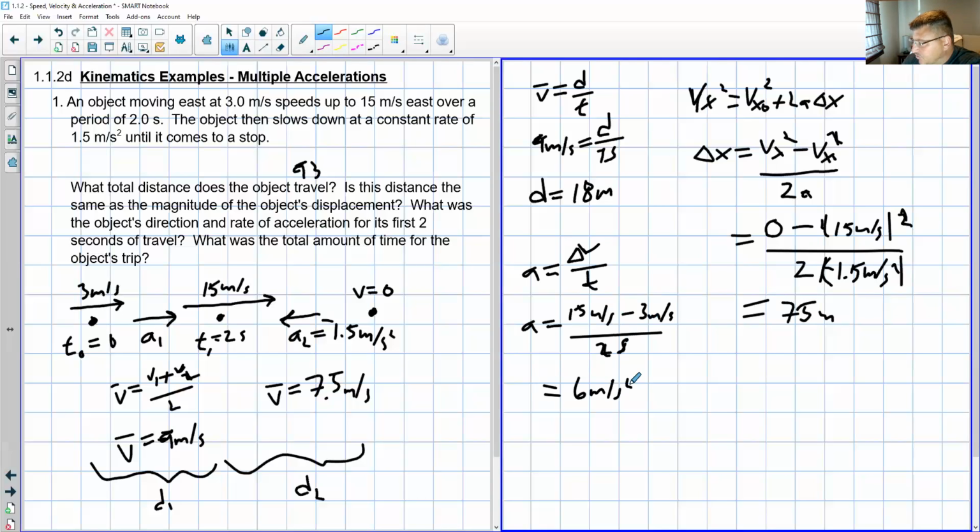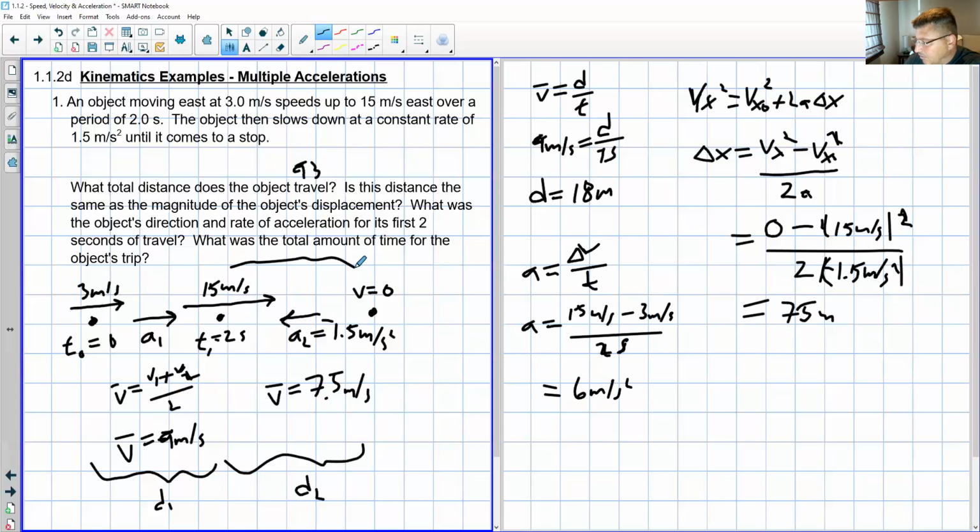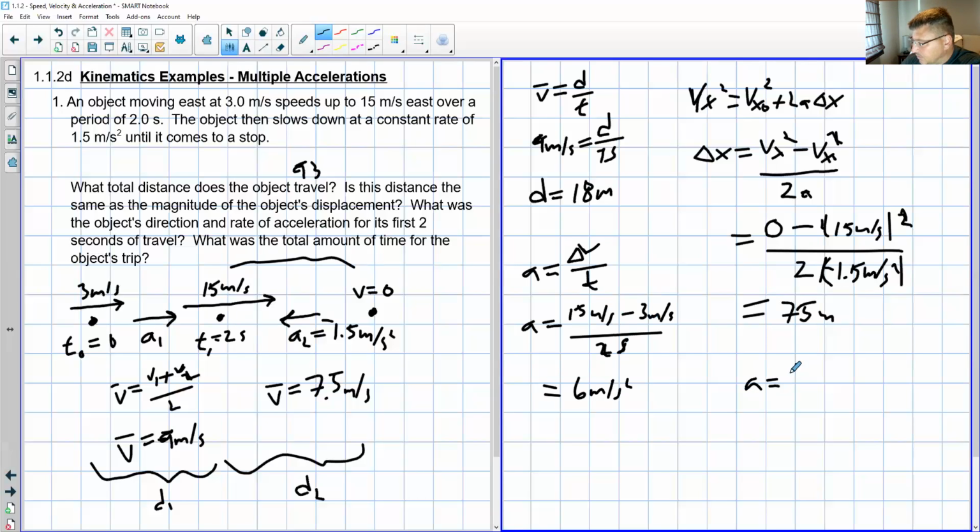Total amount of time for the object's trip. Okay, so we want to know then the time between here and here. Well, again, there's several ways to do that. The acceleration formula gives us a nice way to do it.